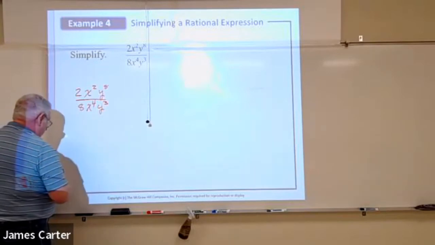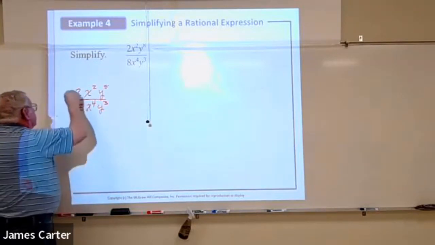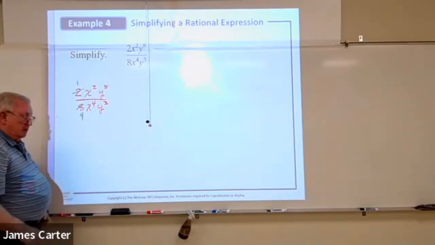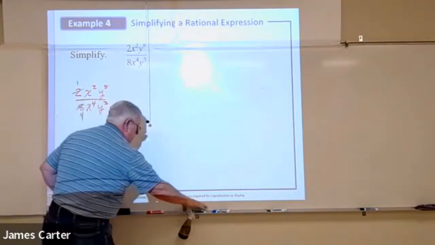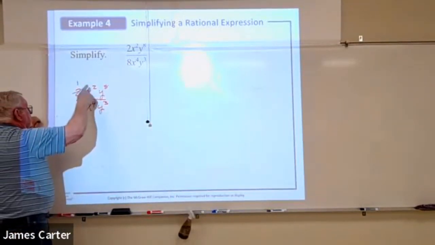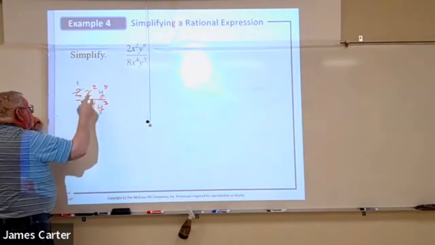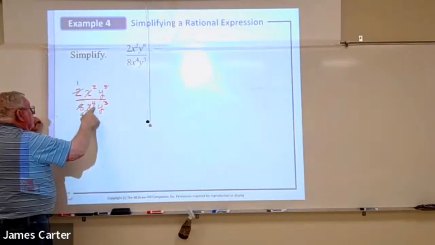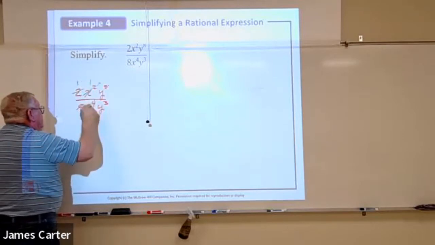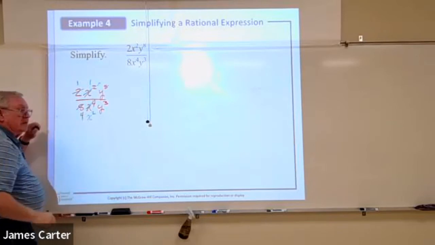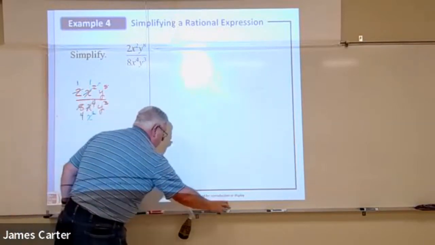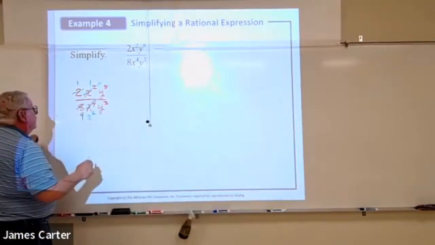The way I would do this one is I would say 2 goes into 2 once, 2 goes into 8 4 times. Then I would look at my x's. I've got 2 of them here, I've got 4 of them there. These 2 go away, and this leaves me with x to the second. Now I look at my y's.